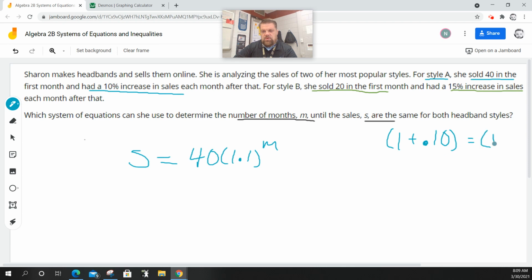So that equals 1.1. Now we're going to do the exact same thing for style B.